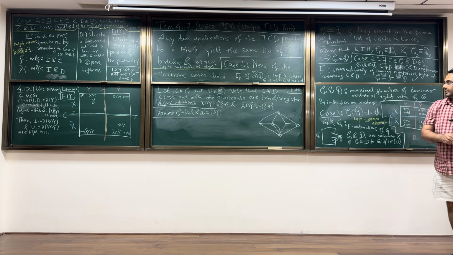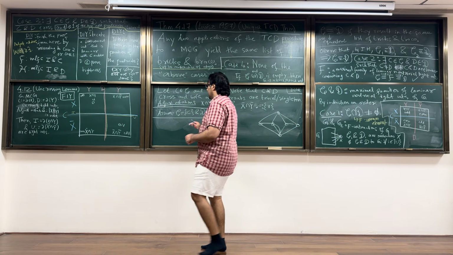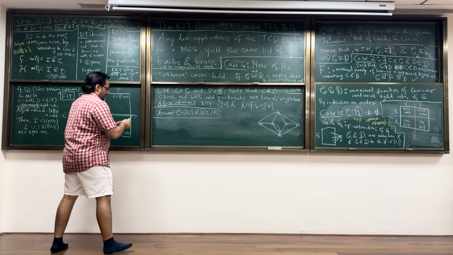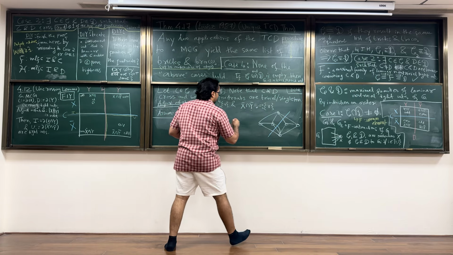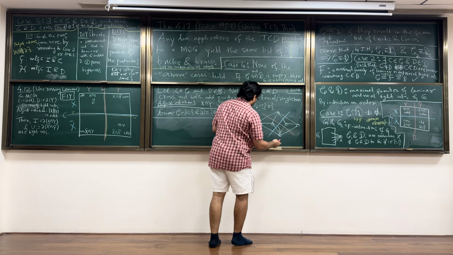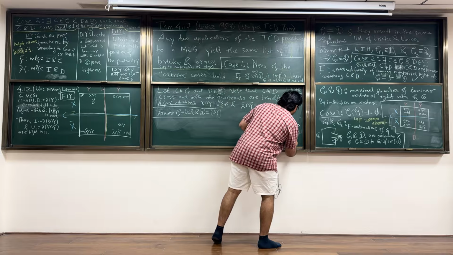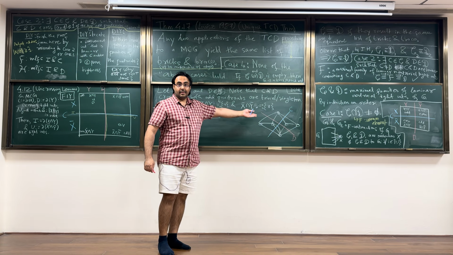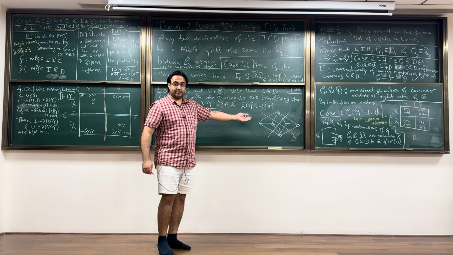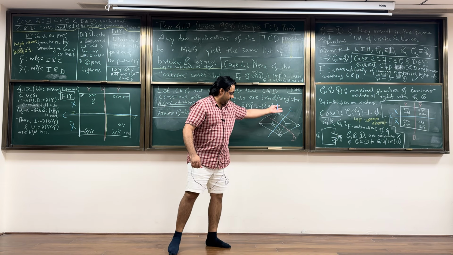So what could happen is, maybe the blue cut C is this one, and maybe the pink cut is this one. This graph has only two non-trivial tight cuts. So in this graph, if you take two maximal families, there will be exactly these two.